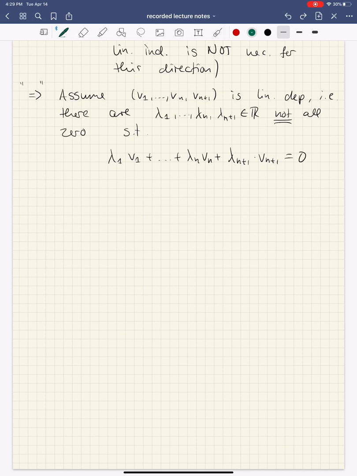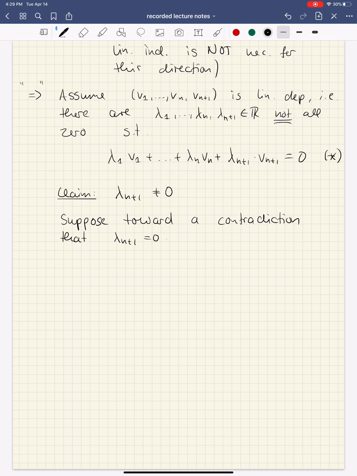Okay, so now the claim here: lambda_{n+1} is not 0. Suppose towards a contradiction that it is 0. So we're using the contradiction method to prove this. Let's refer to this equation here as star.